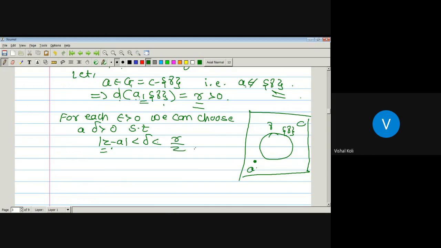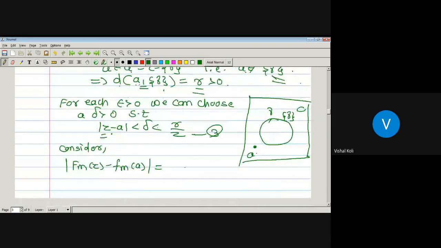Okay, now from that one we will consider modulus of fm of Z minus fm of A. But by definition itself, what is fm of Z? Fm of Z is nothing but the integral over the curve gamma of phi of w divided by w minus z to the power m dw, minus fm of A. Instead of z, we have to replace it by A, the integral over the curve gamma of phi of w divided by w minus a to the power m dw.